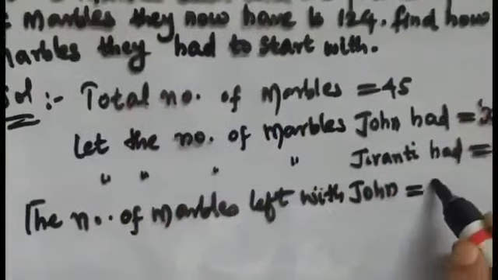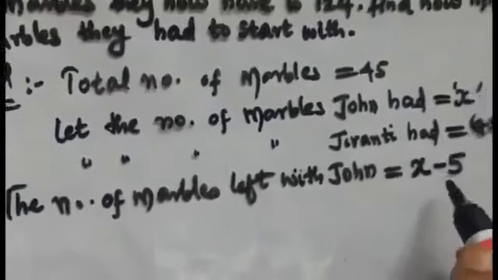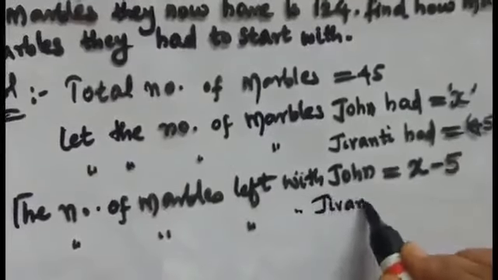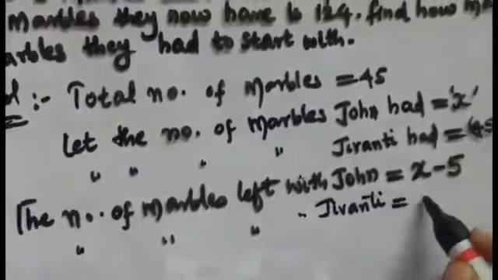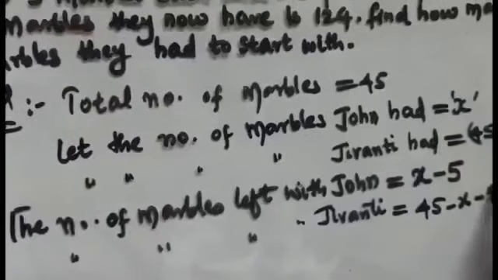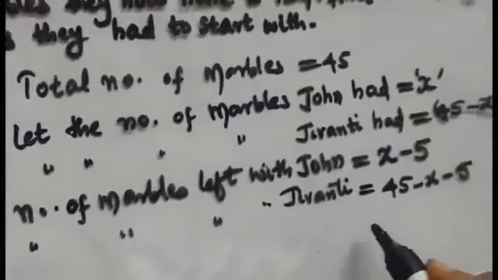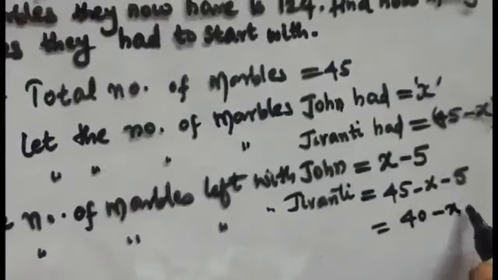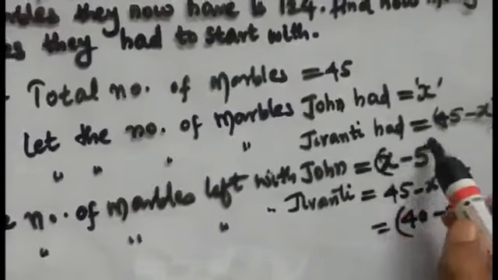So John had X marbles and lost 5, so minus 5; this is the operation we should remember. Next, the number of marbles left with Jeevanti: she already had 45 minus X, and she lost only 5. So 45 minus 5 gives 40 minus X. John has X minus 5 and Jeevanti has 40 minus X.